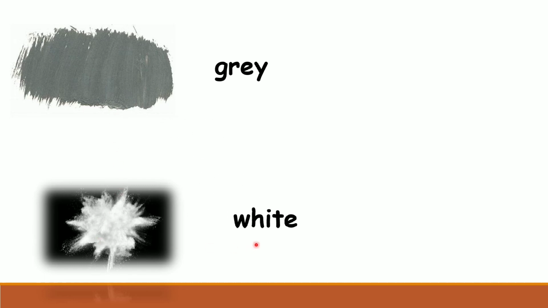And lastly, we have white. This is white. Usually milk is white in color. Do you love drinking milk? Well, milk is white in color. So this is how white looks like, and this is how gray looks like.